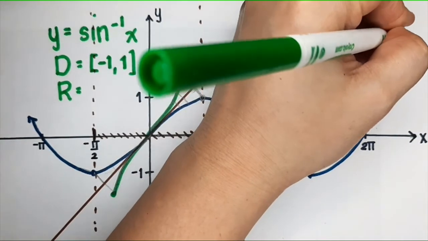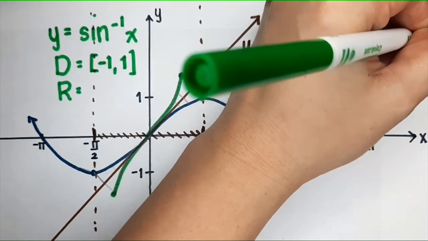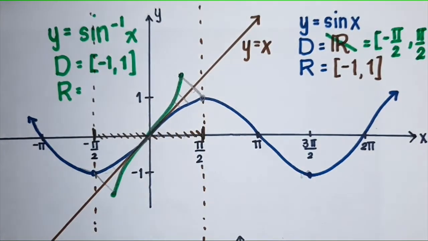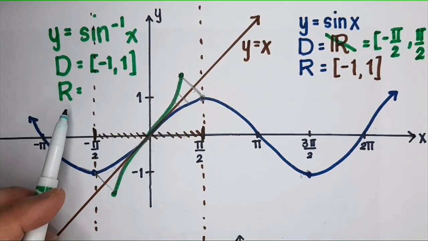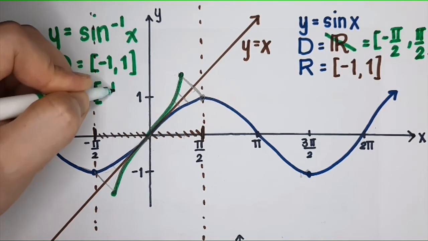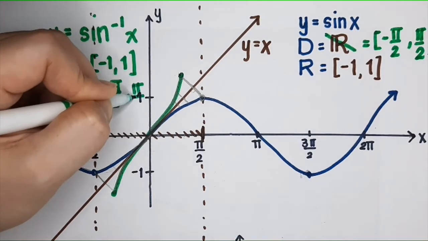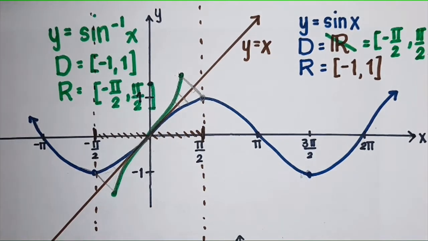Di ba? Bakit natin ni-restrict yung domain? Para maging 1-to-1 yung function so that its inverse will exist. Okay? So, the range of the inverse sine function is negative pi over 2 to pi over 2. Okay?